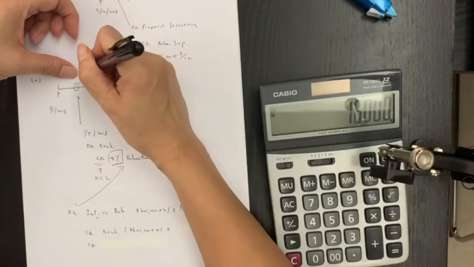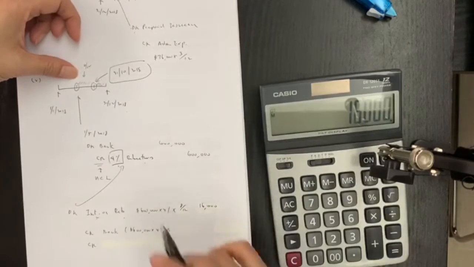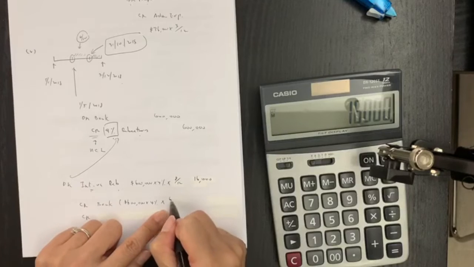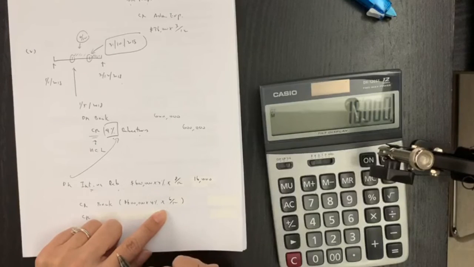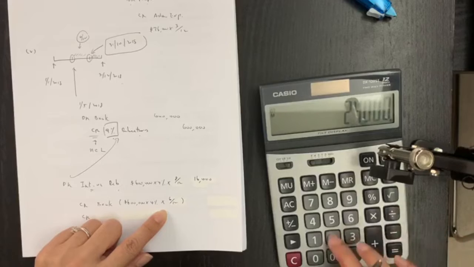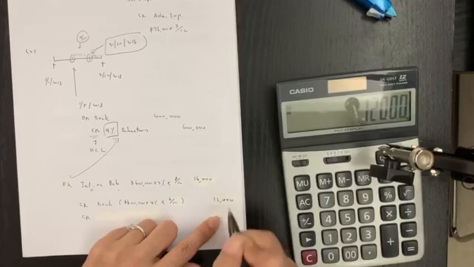We have paid 6 months, so this is 6 over 12. 600,000 times 0.04 divided by 2, so 12,000.